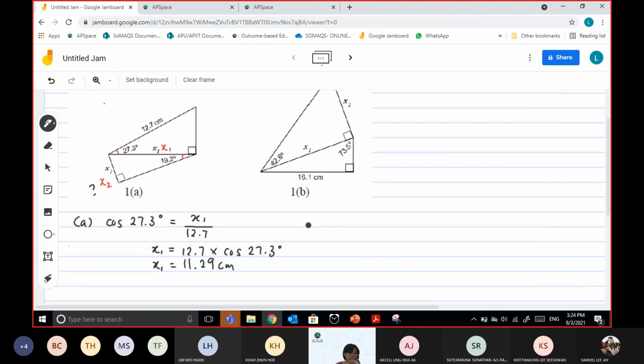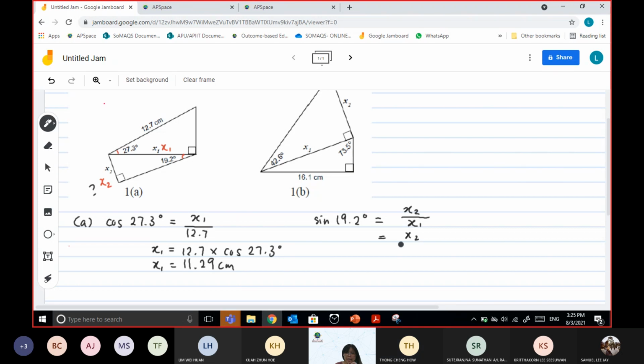Can you give me the steps? You can use the sine. Sine of 19.2 equals x2 over 11.29 cm, which is the x1 that we just obtained. Correct.